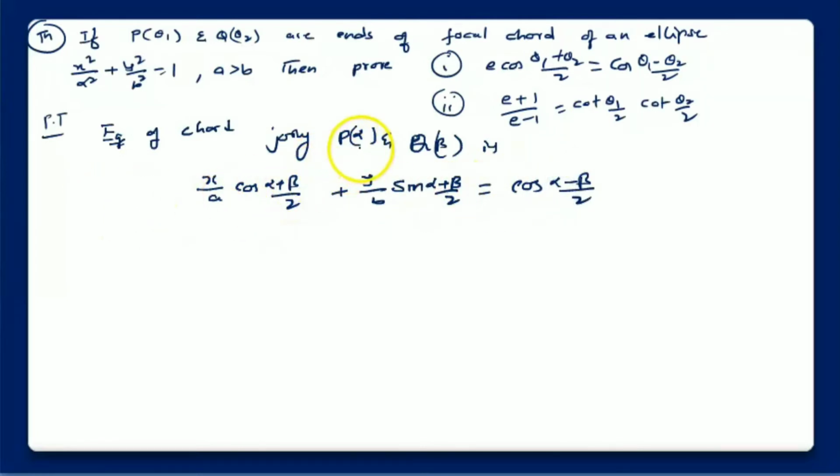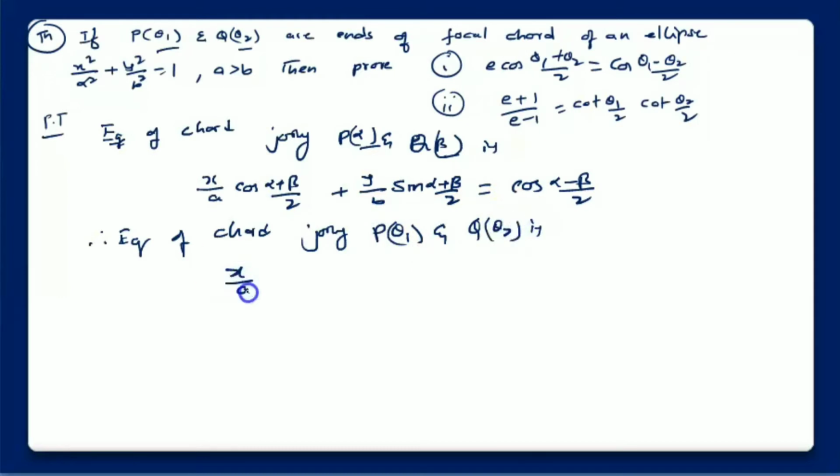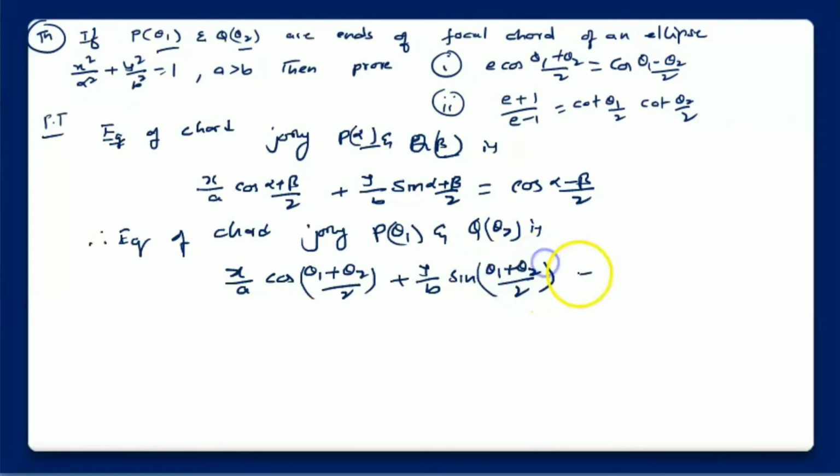Since in place of alpha given theta 1, in place of beta given theta 2, so I replace this. Therefore, the equation of the chord joining P theta 1 and Q theta 2 I can write is x by a cos of (theta 1 plus theta 2) by 2, and then y by b sin of (theta 1 plus theta 2) by 2 is equal to cos of (theta 1 minus theta 2) by 2.